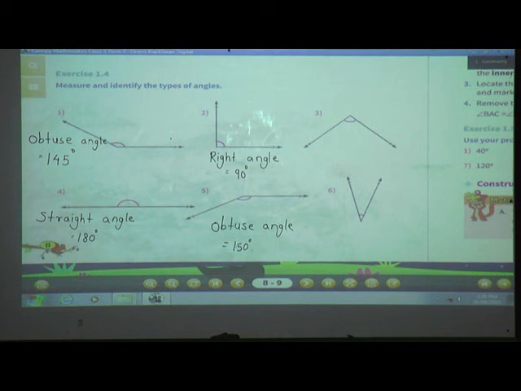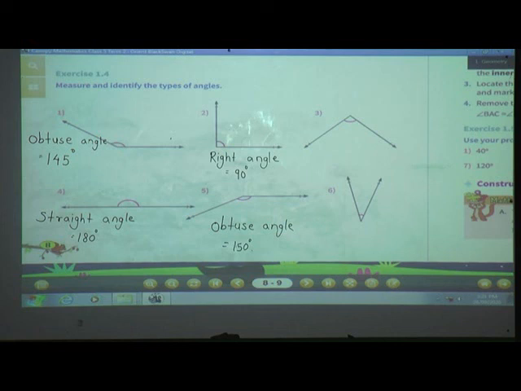So students, in our next period we are going to study how to draw angles and how to use the protractor to draw an angle. Again we are going to study how to draw a segment, types of lines, and use of the set square.